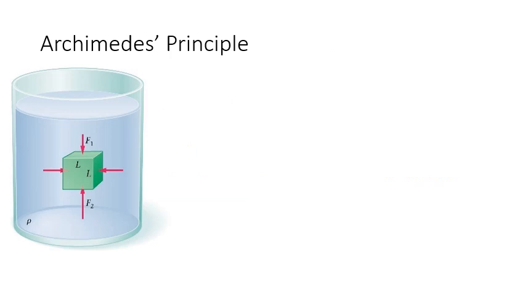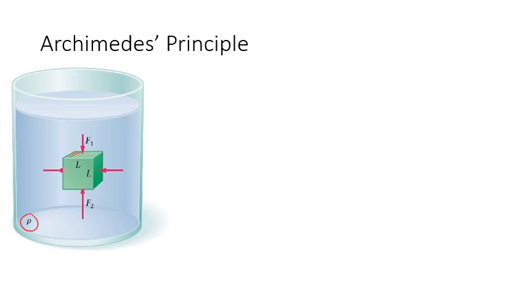To explain the Archimedes principle, I will use this picture over here. We have a cube, where one side of the cube equals the length L, and this cube is completely immersed in a fluid of density rho.